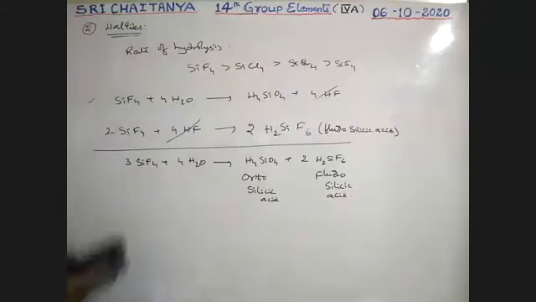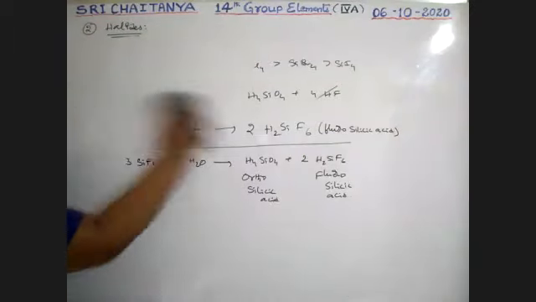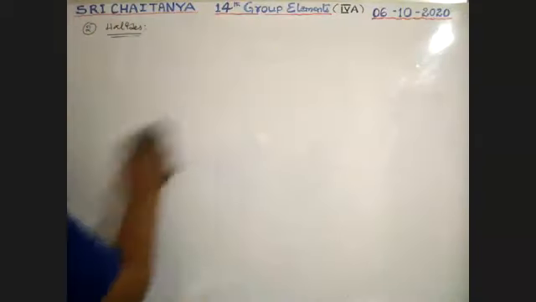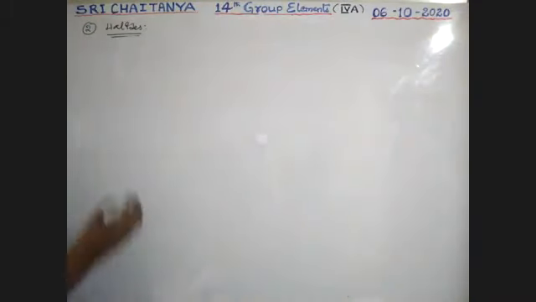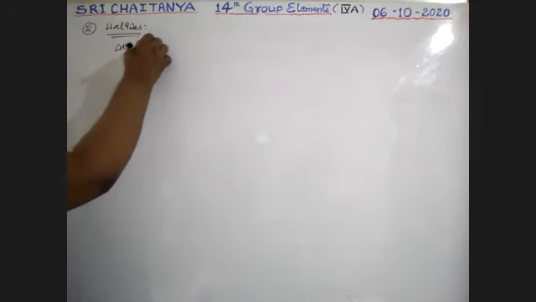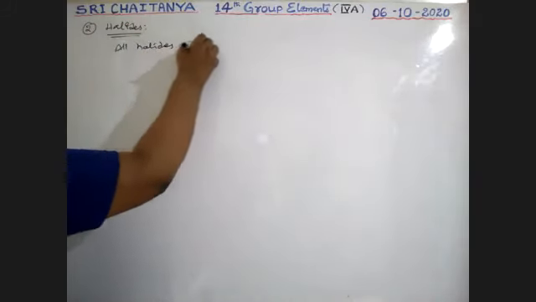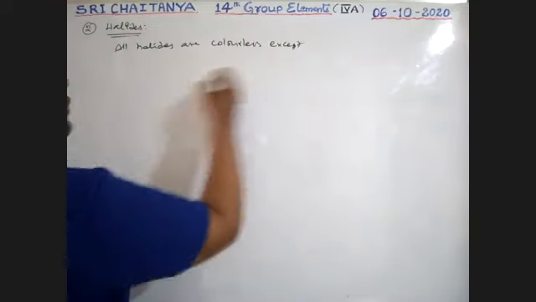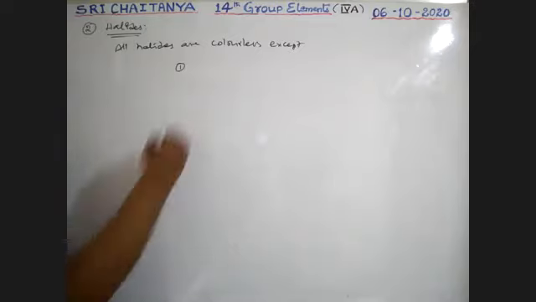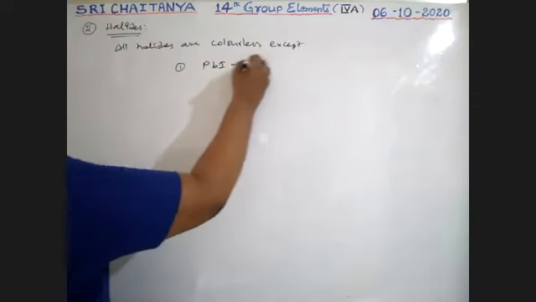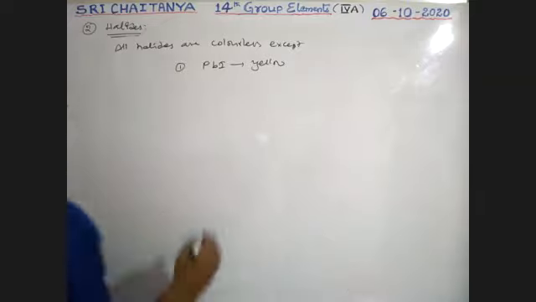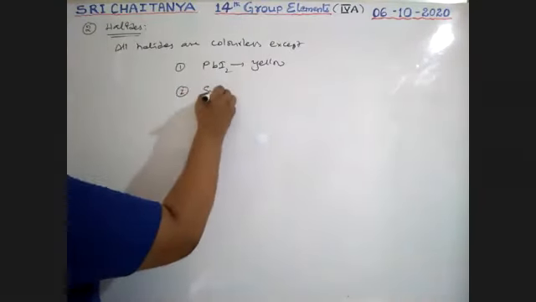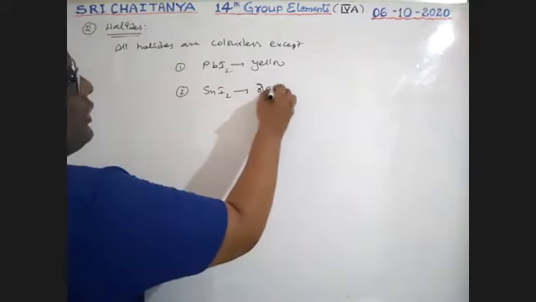Now all these halides are colorless compounds except two. So the next point: all halides are colorless except PbI2, lead iodide, which is yellow in color, and SnI2, which is orange.